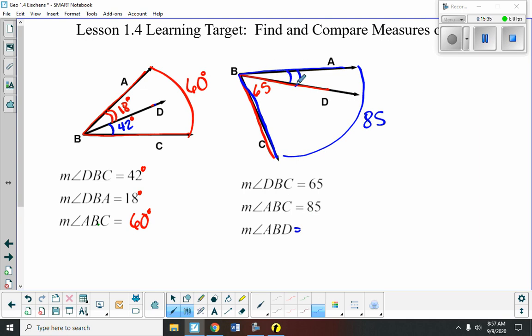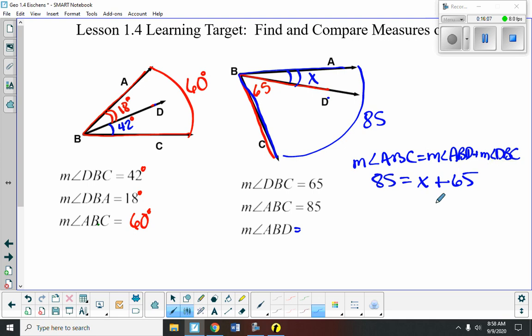Basically, if we're using the angle addition postulate, we know that the whole angle, the measure of angle ABC, is equal to the sum of the two smaller angles, the measure of angle ABD plus the measure of angle DBC. And so we can fill in what we know. The whole angle is 85, and the measure of angle ABD we don't know, so I'm just going to call this X, plus the measure of angle DBC, which is 65.